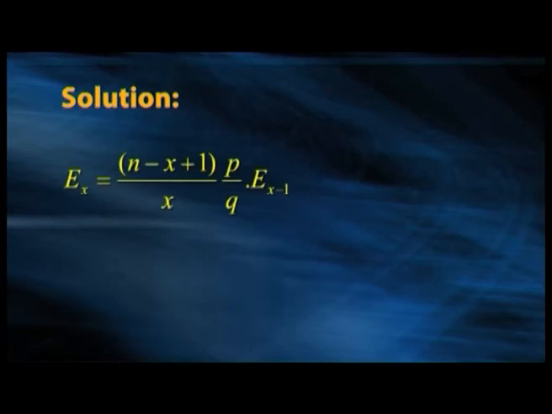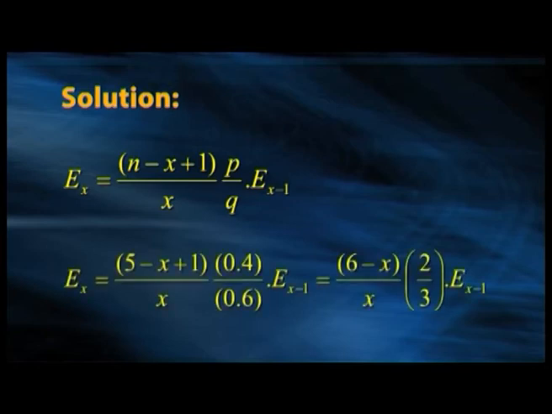Ex is equal to n minus x plus 1 divided by x into p by q into Ex minus 1. That is, Ex is equal to 5 minus x plus 1 divided by x into 0.4 by 0.6 into Ex minus 1 is equal to 6 minus x divided by x into 2 by 3 into Ex minus 1.